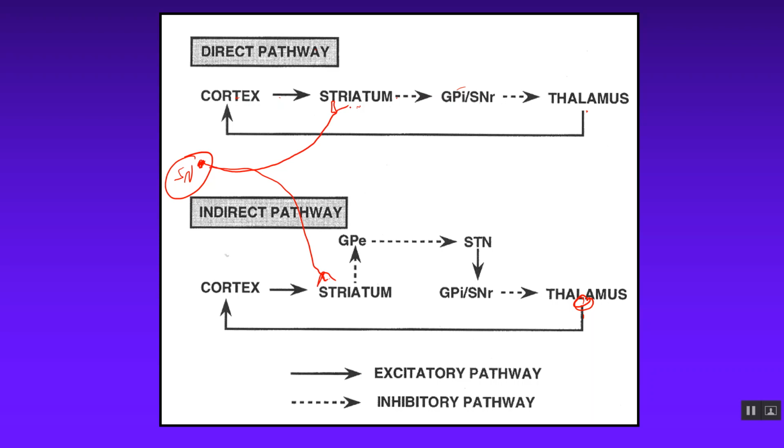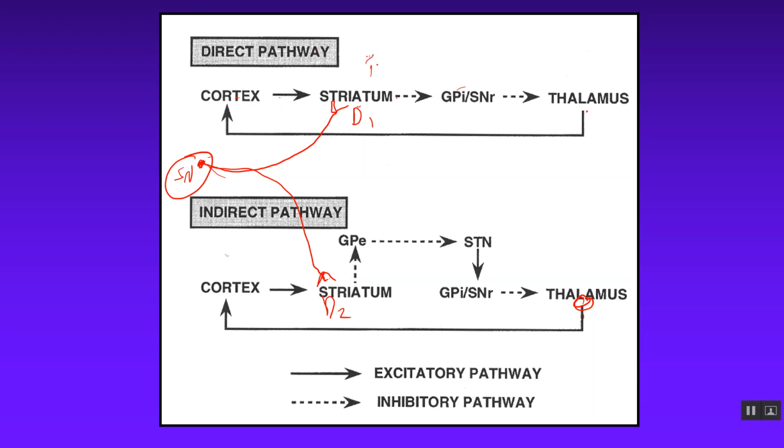There are D1 receptors in the striatum, and there are also D2 receptors in the striatum. You have both D1 and D2 receptors in the striatum. When dopamine is being secreted into the striatum, when it falls on D1 receptors, it increases the strength of the direct pathway.